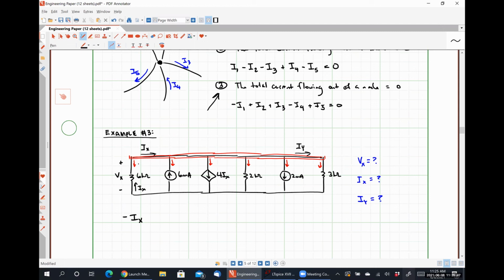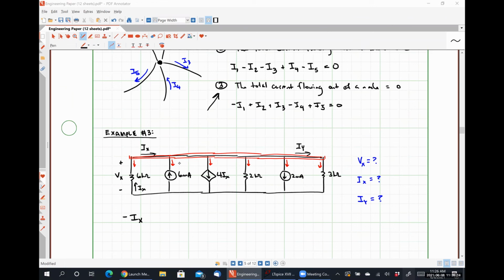All right, so what about the current through this branch? What is that going to be, where I'm assuming that if it were flowing down, it would be positive? Should it be -6 milliamps?